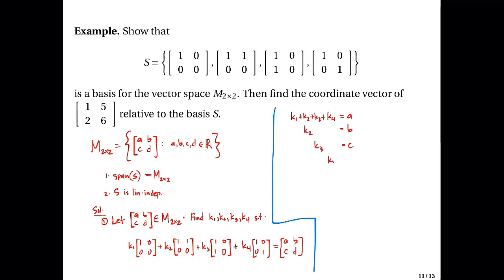You have K4 equals D. And we are lucky, at least in this example, because we have actual numbers for K2, K3, and K4: K2 equals B, K3 equals C, K4 equals D. For K1, you have K1 plus K2 plus K3 plus K4, but we already know K2, K3, and K4. So this implies our K1 has the value A minus B minus C minus D.